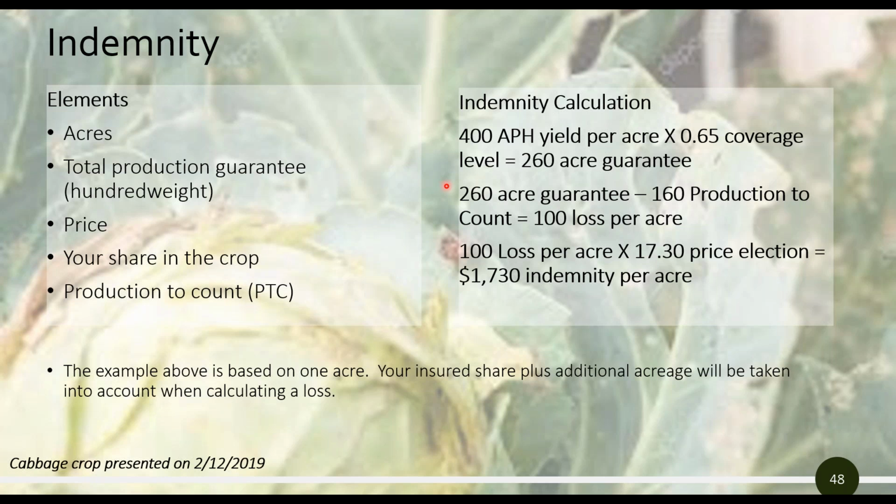So after you get the 260 acre guarantee, you're going to subtract that from your production to count. In our example here, I just used 160 of the production to count. Remember, this is harvested and appraised production, and we come up with 100 production loss per acre. We take that 100 loss per acre times the price selection of $17.30, and we get a $1,730 indemnity per acre.